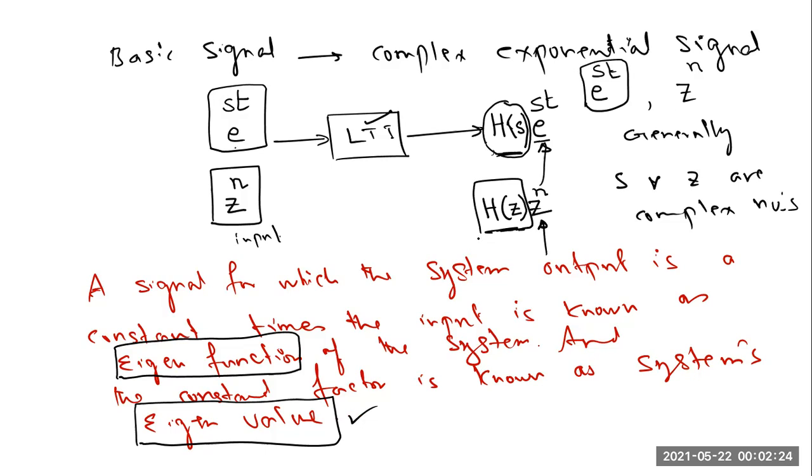Now, how have we arrived at this particular answer, that if this is input, this is going to be the output? We can make use of our knowledge that we developed in chapter 2 for LTI system. We know that for LTI system, the system output is the convolution of input with system impulse response.